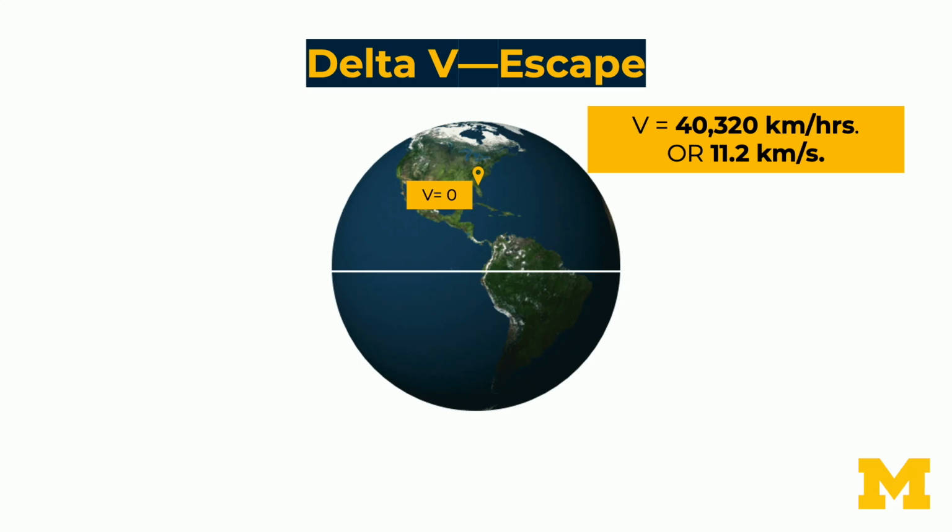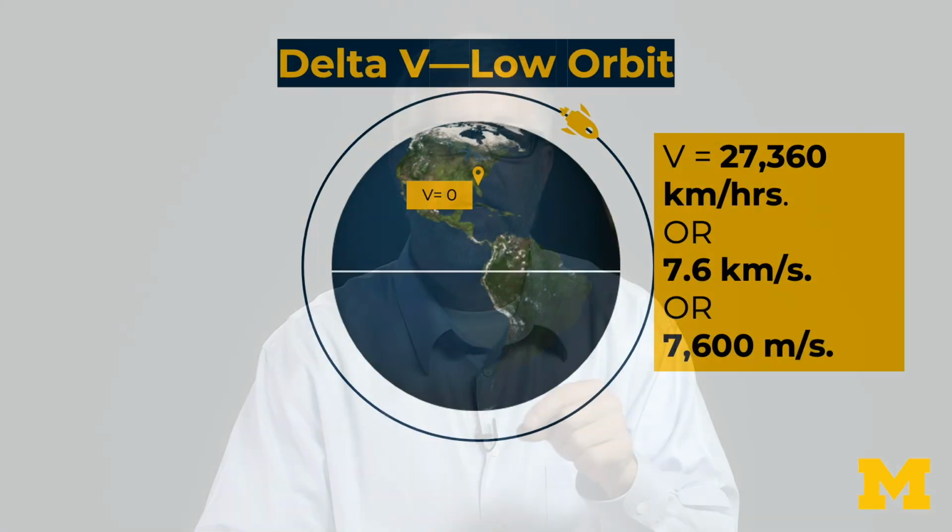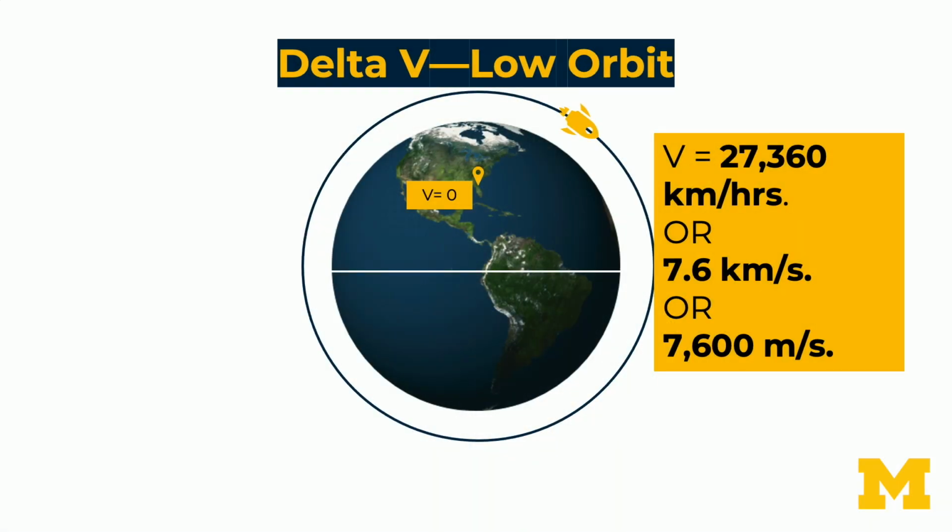And so it starts with zero velocity, and then it eventually has to reach a velocity of 11.2 kilometers per second. So these things that I'm just talking about are called delta velocities, or delta Vs. Going from zero velocity to 11.2 kilometers per second is a delta V of 11.2 kilometers per second. For the low Earth orbit, 7,600 meters per second is the delta velocity.